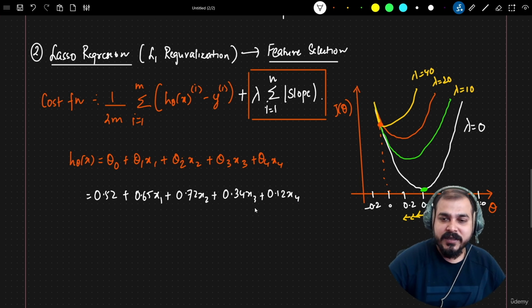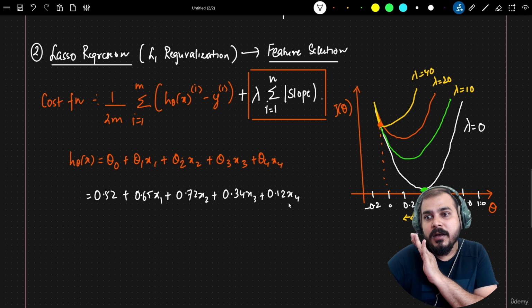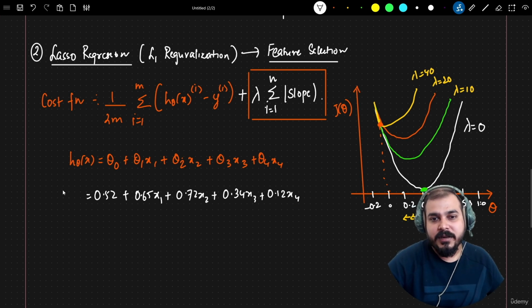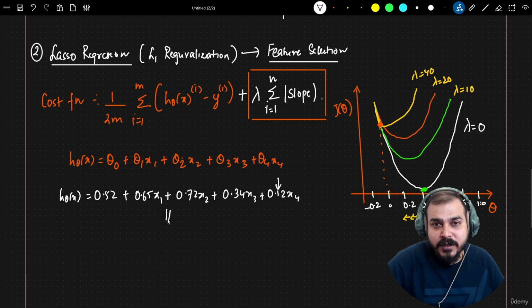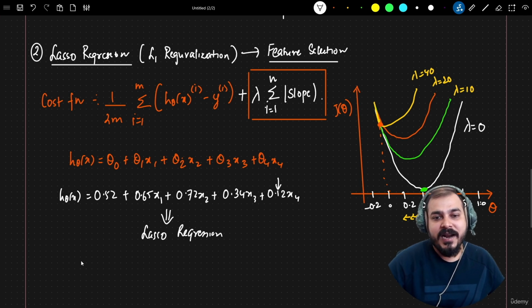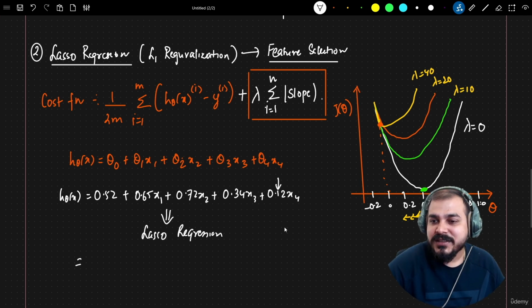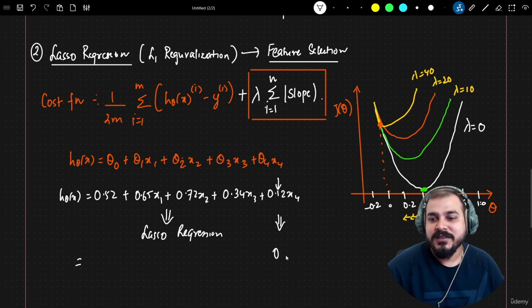In this scenario, you can see that x4 is the feature that is not much correlated with the output feature, h theta of x, because here we have a very small coefficient, 0.12. After we apply lasso regression, since this feature is not that important, it will try to reduce this coefficient to 0.